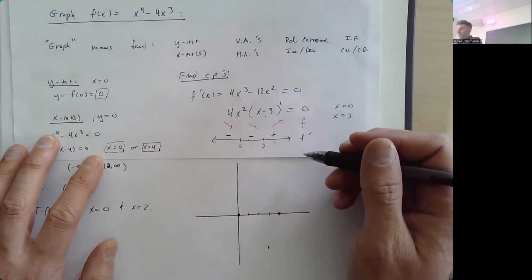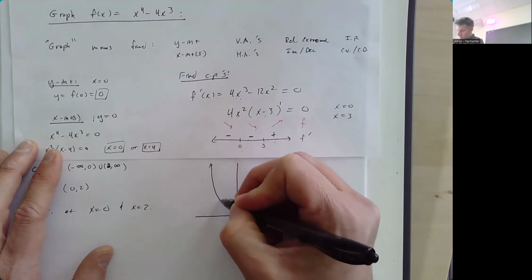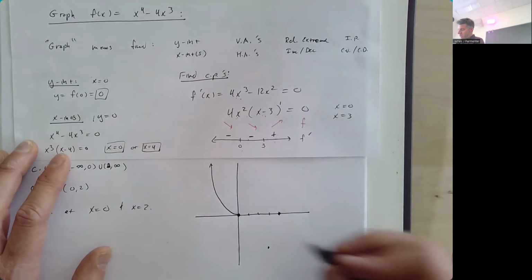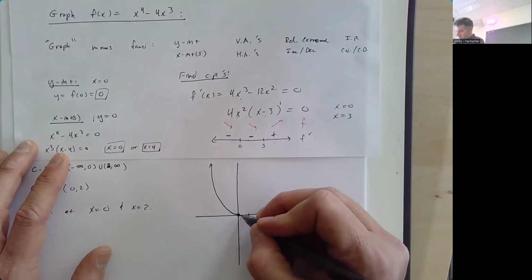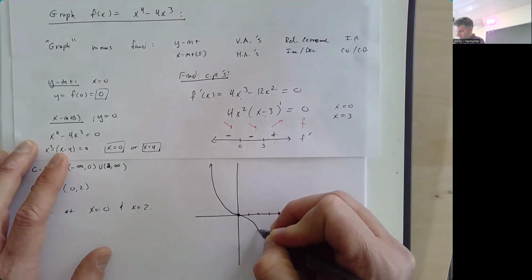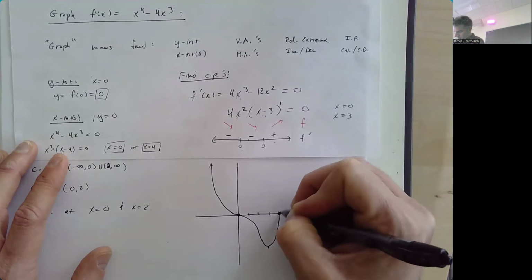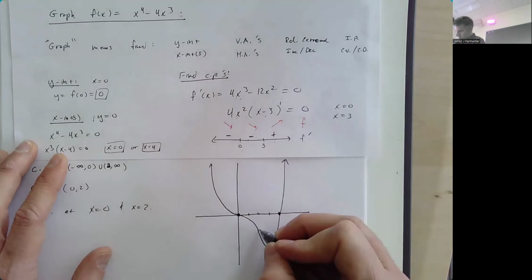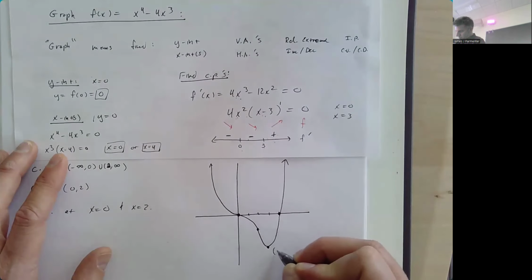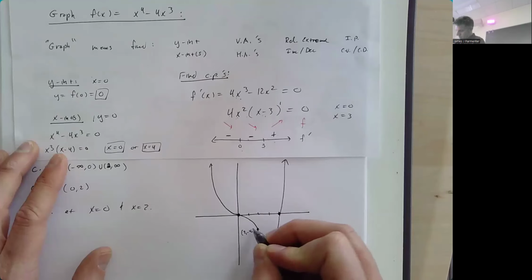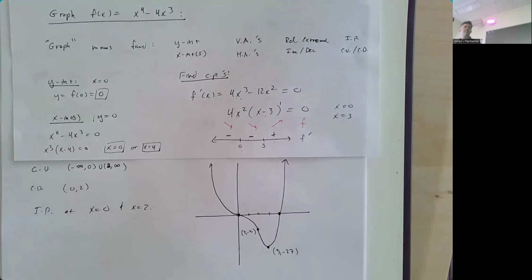So I know I should be concave up, flatten out because the derivative is 0 there, and then concave down, and then I change concavity and concave up. Not too shabby.